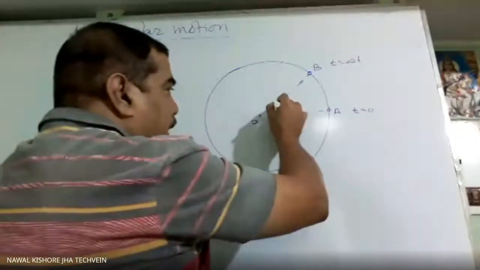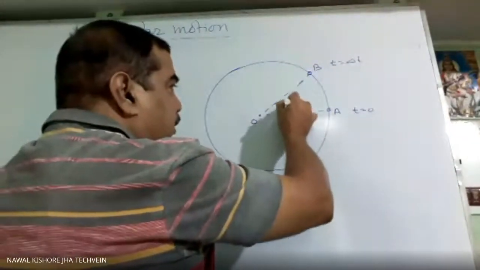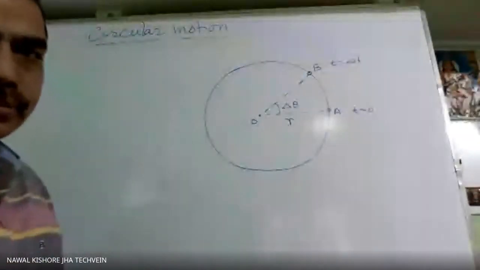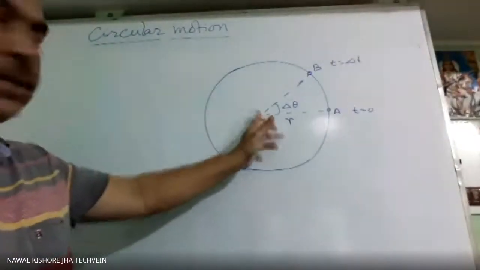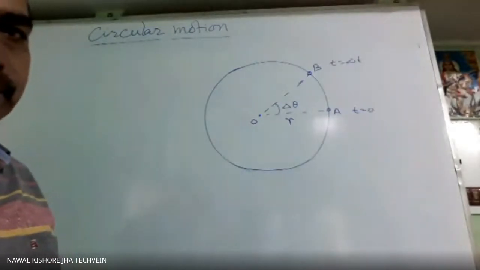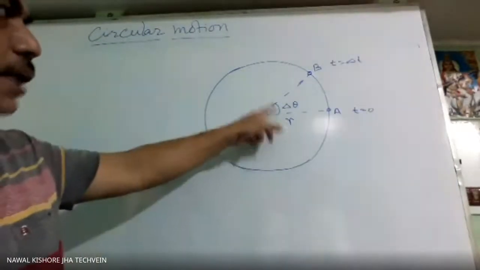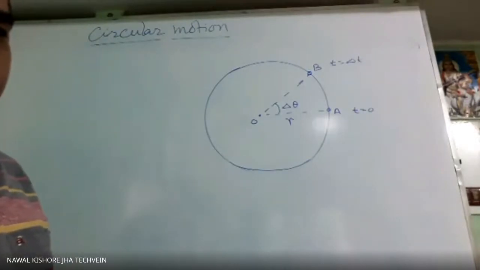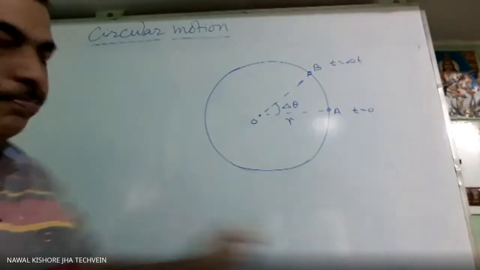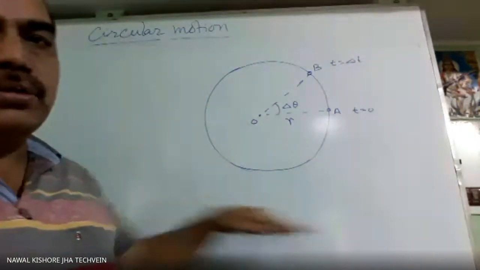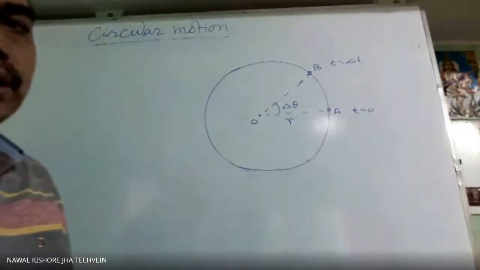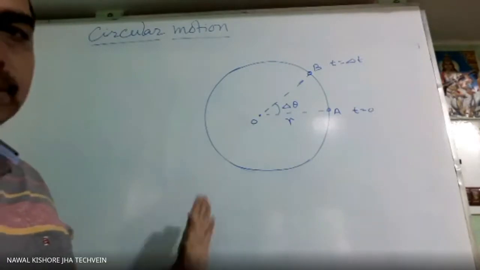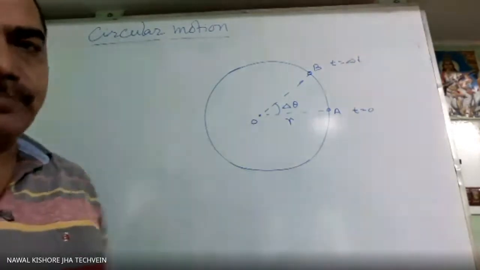So whatever angle is made by this position vector or radius vector at the center of this circular path, this angle we call angular displacement. In case of motion along a straight line, we come across linear displacement, that is the shortest distance between initial and final position.